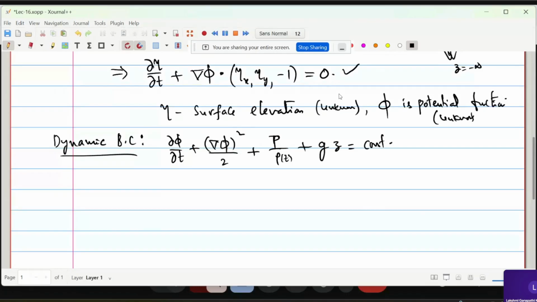Of course, what do you do with this constant? It holds throughout the fluid, and I can always absorb it.